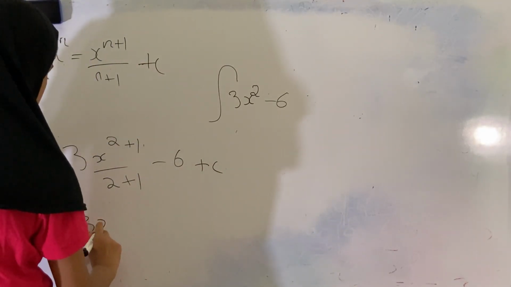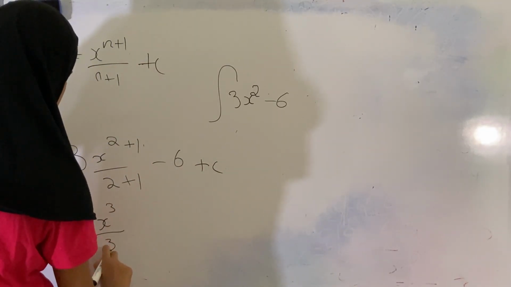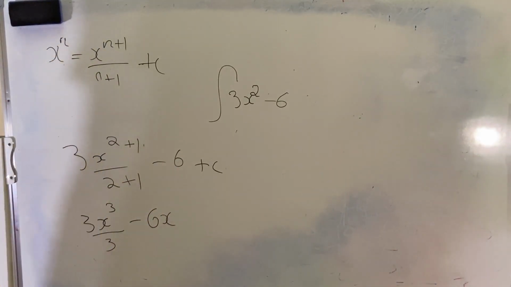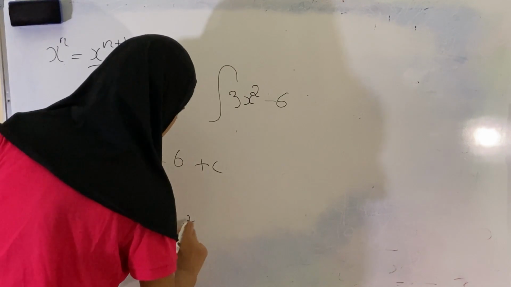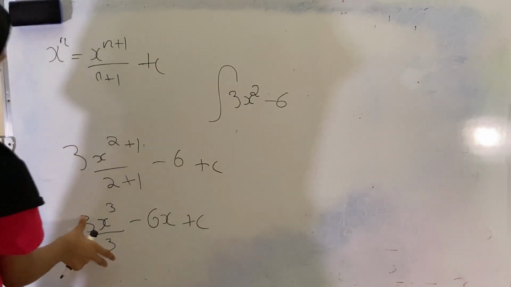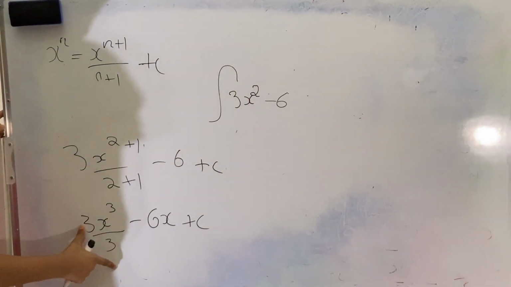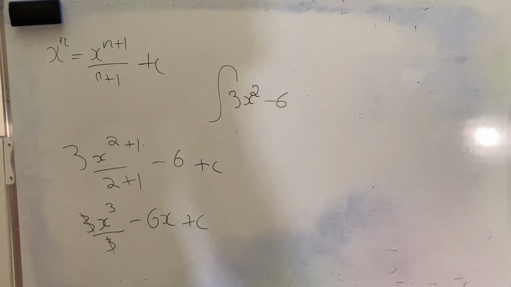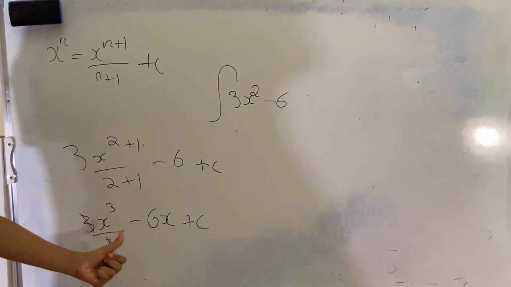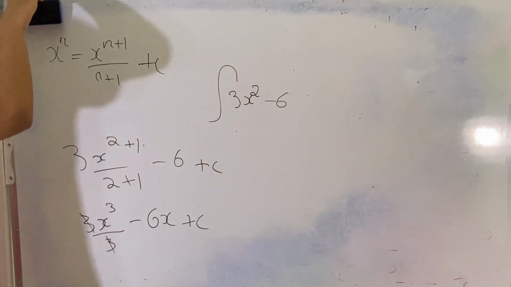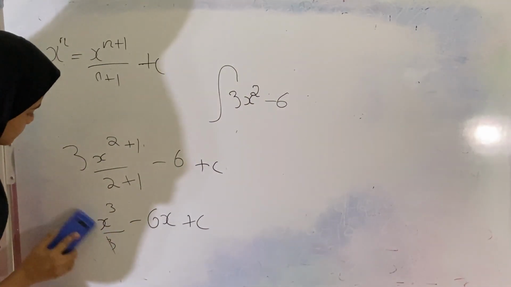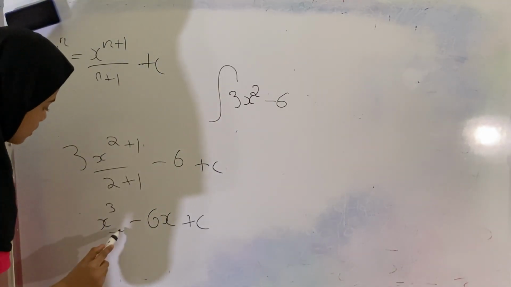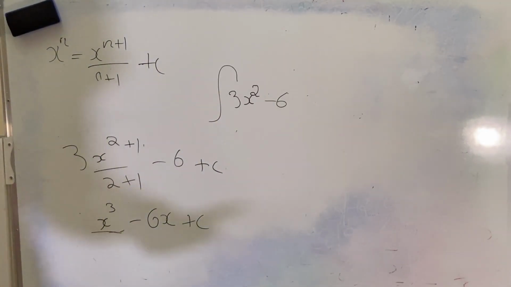So 3x cube by 3 minus 6x. 6 is a constant, so it's going to be 6x plus c. Here you can see there are two 3's, so let's cross both of them, and it's going to be x cube minus 6x plus c. This is going to be the answer.